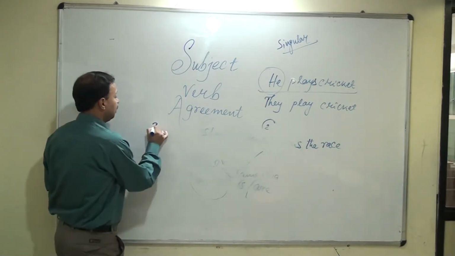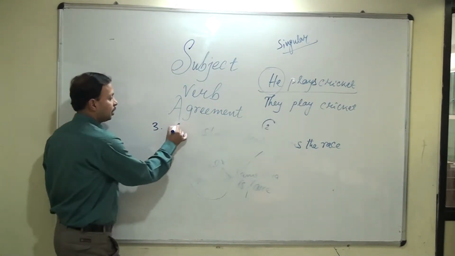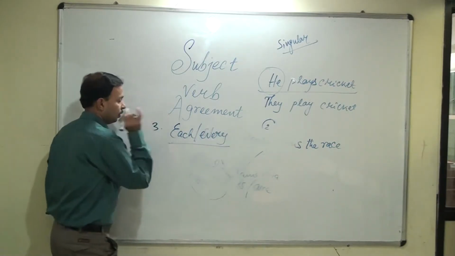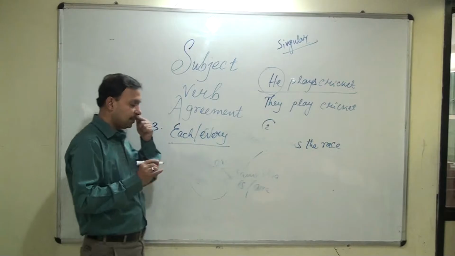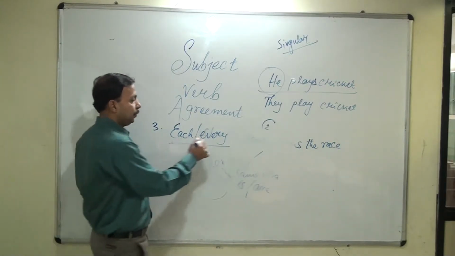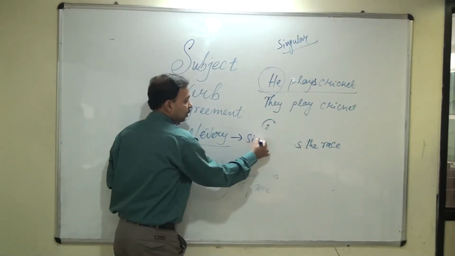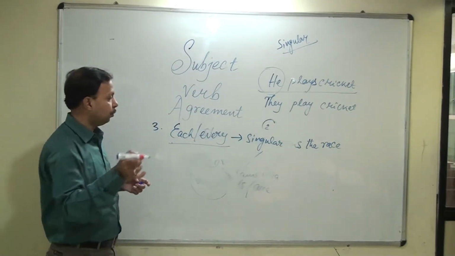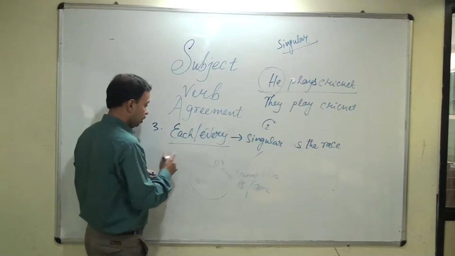Rule number 3 says that if a sentence starts with each or every, definitely it denotes the singular subject. And if we consider a singular subject, the verb will also be singular by nature.